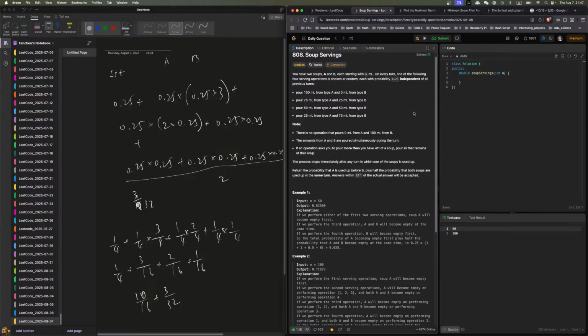So if we keep doing this, we're always going to be getting an equal amount. Right, well, now we're always getting more A than B.